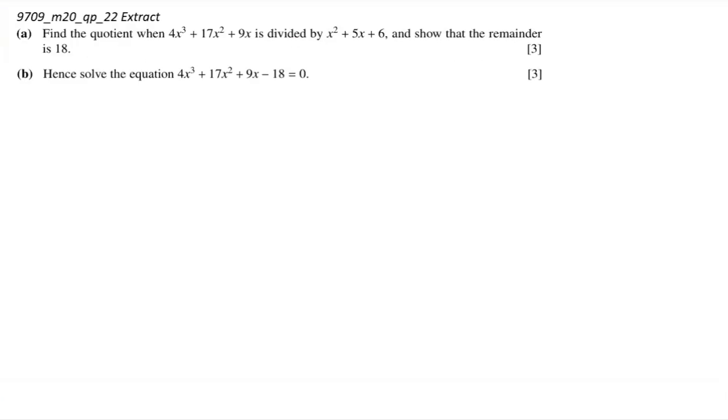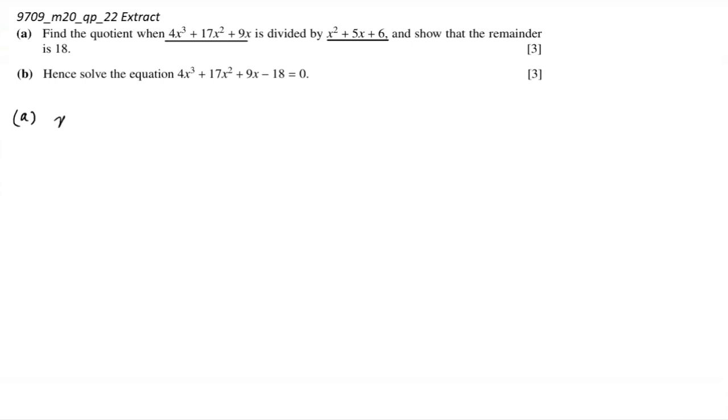In the last part of the video, I'm going to solve an actual exam question from the CIE A levels. Let's go. A part. Find the quotient when this is divided by this. So we see it's a cubic polynomial and it's divided by a quadratic polynomial, and show that the remainder is 18.